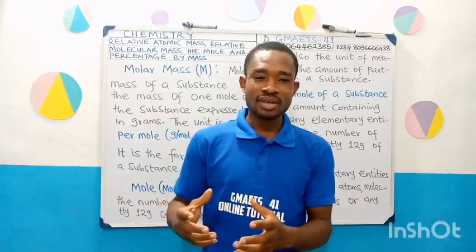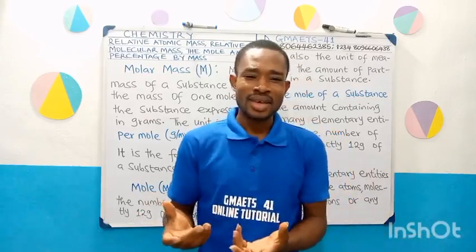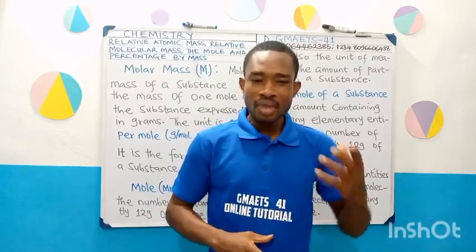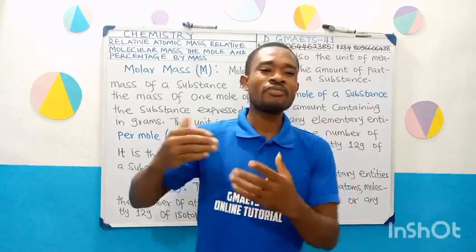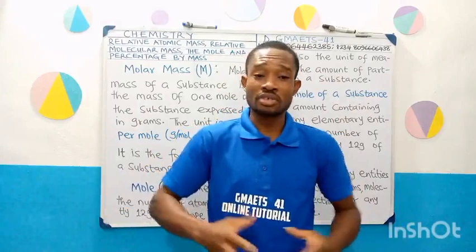Molar mass is simply relative molecular mass expressed in the unit of grams per mole. Molar mass is simply formula mass with the unit grams per mole added to it.